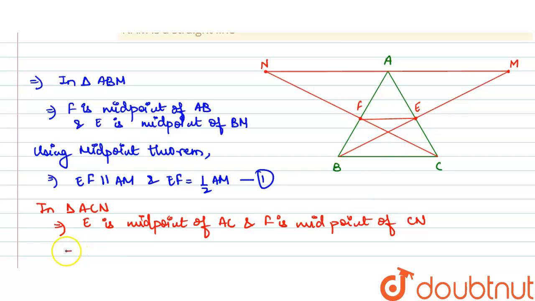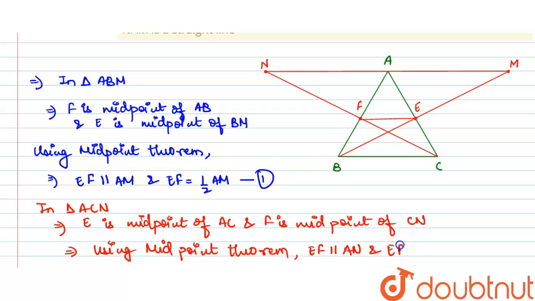So again using the midpoint theorem, we can say that EF is parallel to AN and EF is equal to half of AN. This is our equation 2.